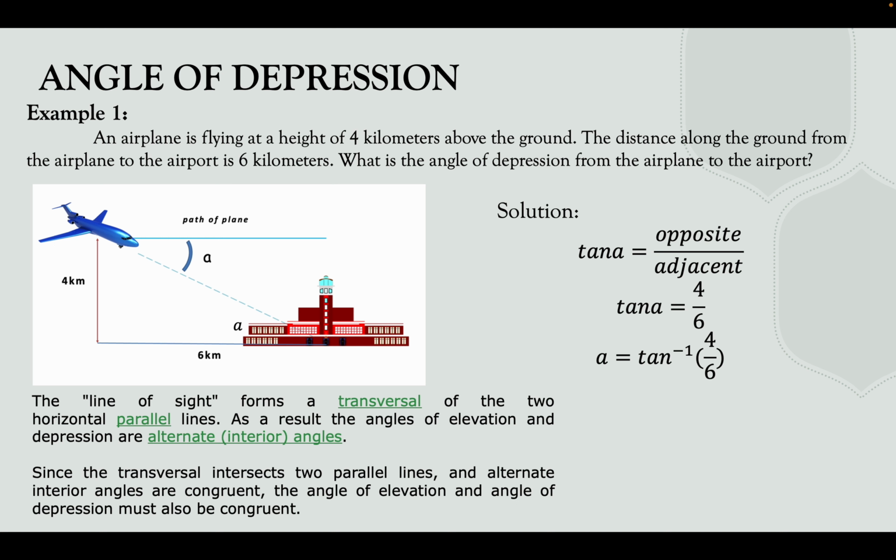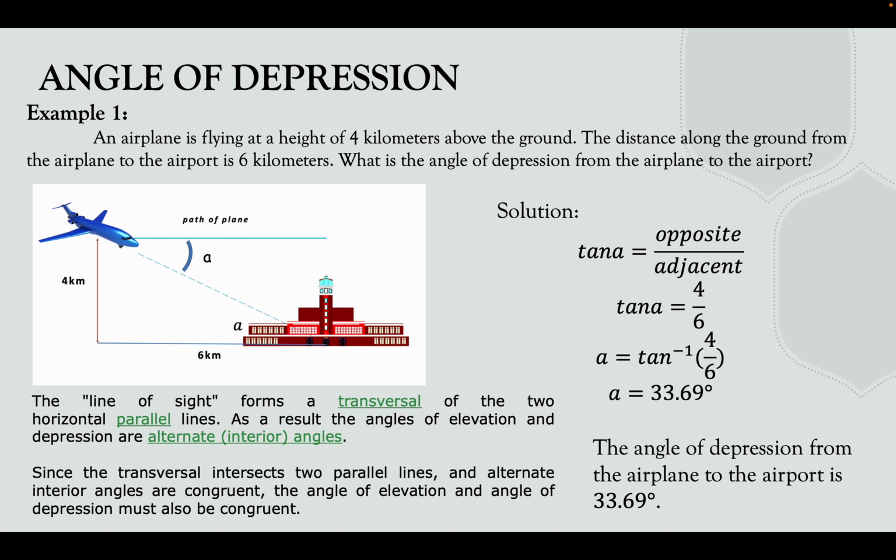The tan inverse of 4 over 6 gives angle A equal to 33.69 degrees. That means the angle of depression from the plane to the airport is 33.69 degrees. And since they are congruent, the angle here is also 33.69 degrees.